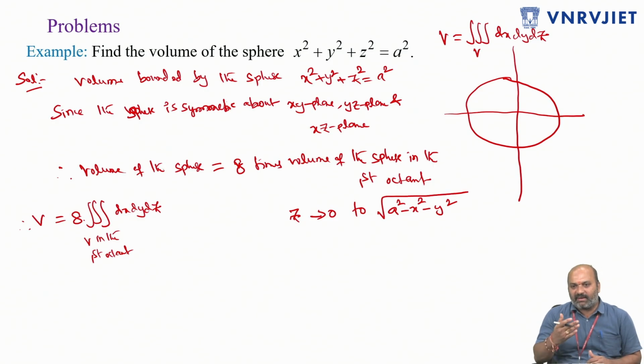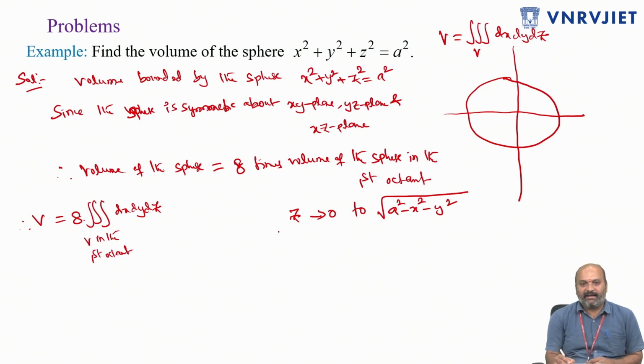Actually, z equals plus or minus root over a square minus x square minus y square, but since we are considering the first octant where x, y, z are all positive, we consider only the positive value.